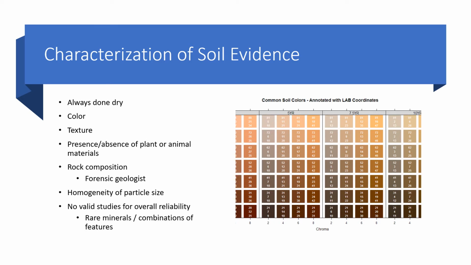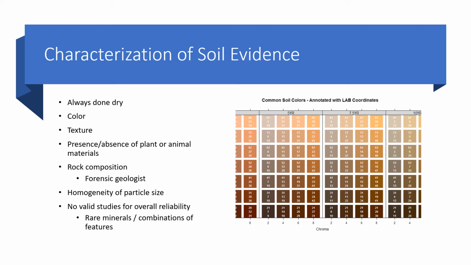You'll characterize soil based on its color, its texture, the presence or absence of plant or animal materials, and the quantity and type of rocks that are part of it. You might need to consult a geologist to characterize whatever mixture of rock fragments are in the soil. You'll look for how homogeneous that soil is and what the particle size of the soil overall is. Is it a mixture of a lot of things, or is it mostly the same thing?